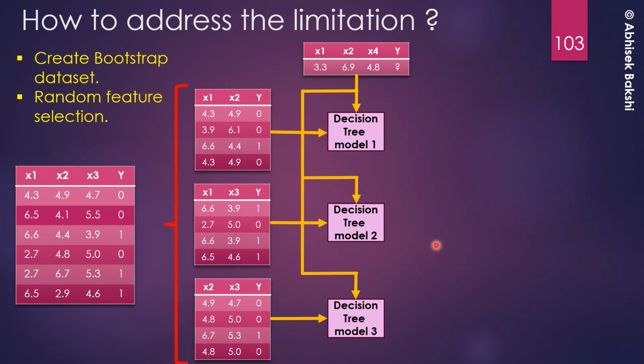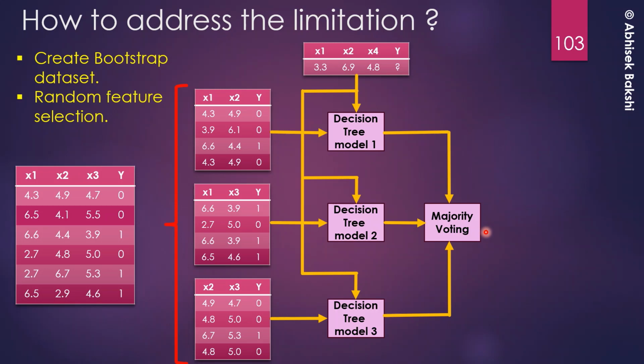Based on the feature values of the new point, all these decision trees will put their opinion, which should be 1 or 0 or something like that, and then the majority voting will come. What does majority voting mean? Assume that you have 5 decision trees. Each decision tree will predict some class for that particular data point, based on the feature values.